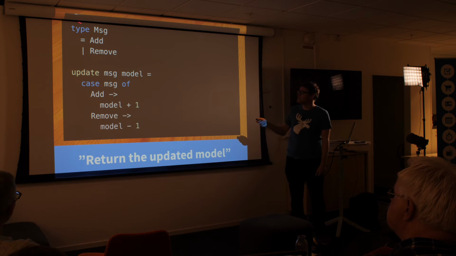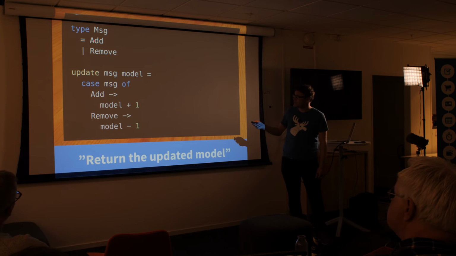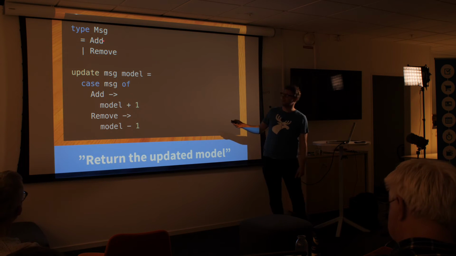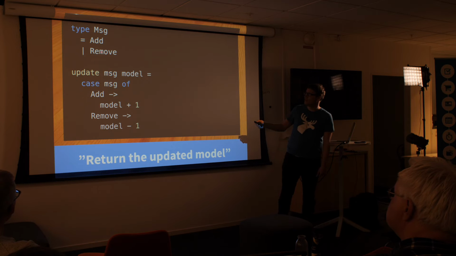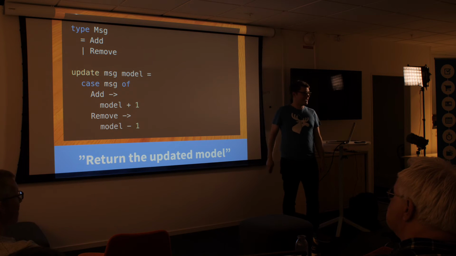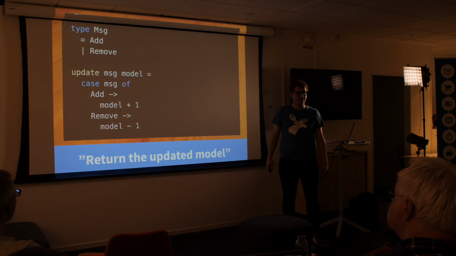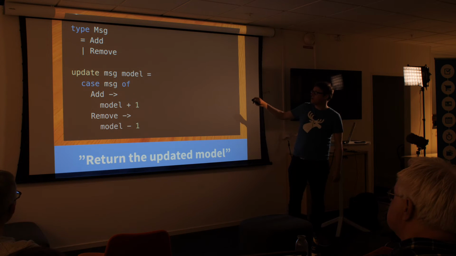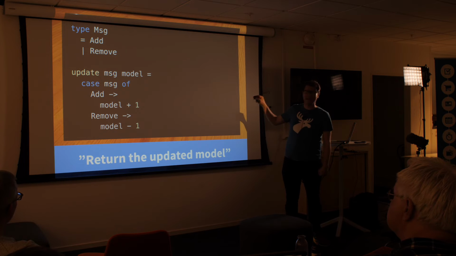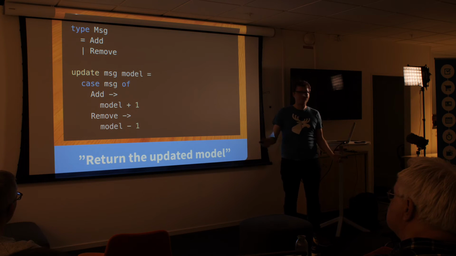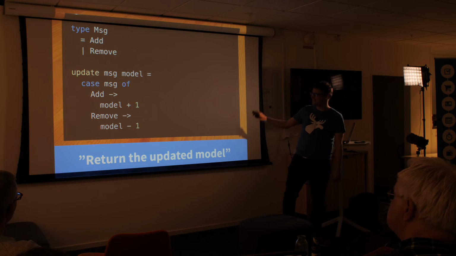Back to the code. We here have a custom type, message. It has two valid values, add and remove. This is almost like an enum if you program C or other languages that have enum. So the only two valid values for a variable of type message is add or remove.